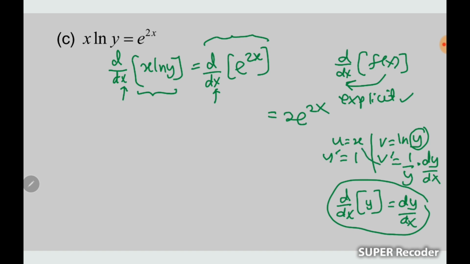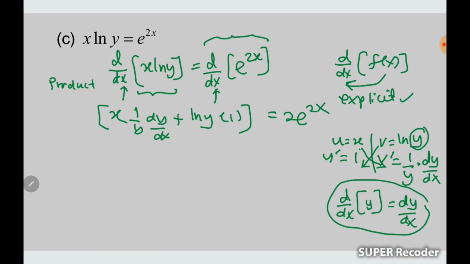Product rule: x multiplied with v prime, plus v multiplied with u prime. So the answer is x multiplied with (1 over y) dy/dx, plus ln y multiplied with 1. Okay, we use the product rule on our left side.